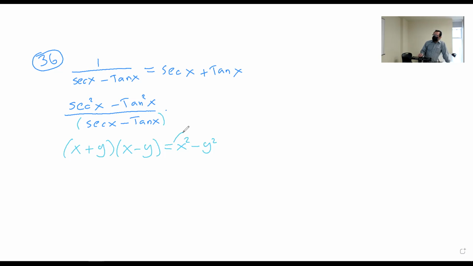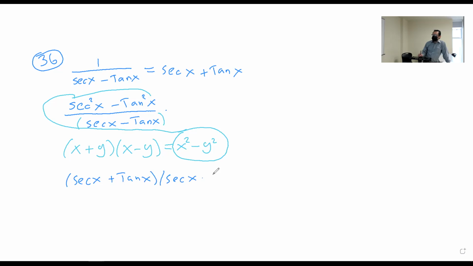So this here is what you have in the numerator. What you did was that you separated that into secant of x plus tangent of x and secant of x minus tangent of x, going backwards.